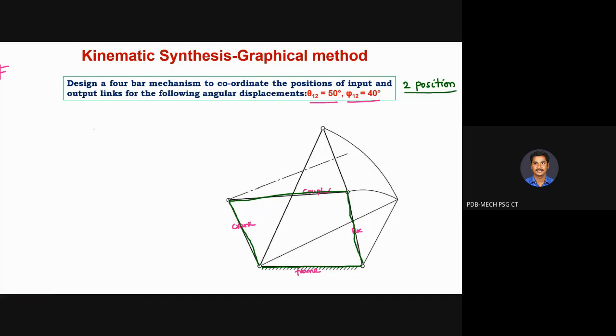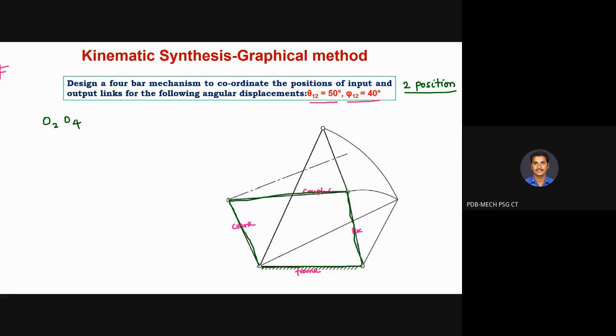Okay. So as a first step, I'm going to assume. No data is given: neither the frame dimension, nor the rocker, coupler or crank. I need to identify all the dimensions with these positions. So I'm going to assume O2 O4. What is O2 O4?